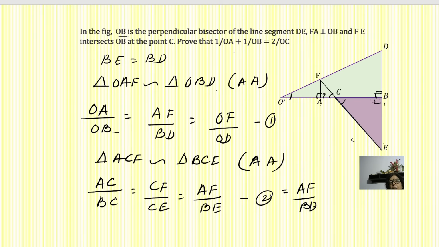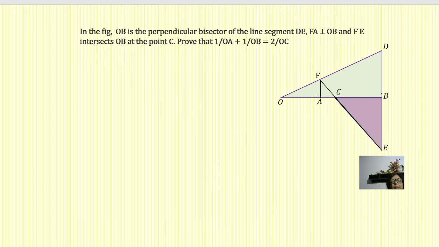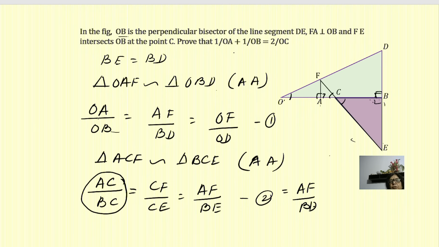So now we come back to the ratio AC by BC, because AC by BC will help us get the desired result. AC by BC is equal to OA by OB. This was OA by OB and AC by BC. Now all of them are equal to AF by BD, so we can relate all of them.